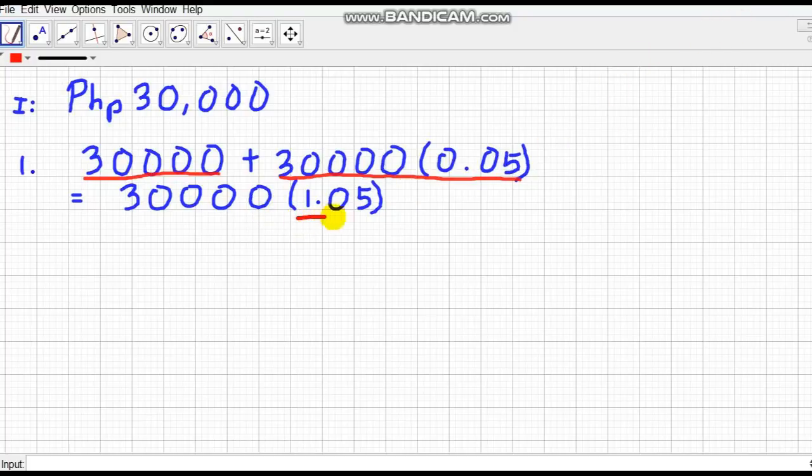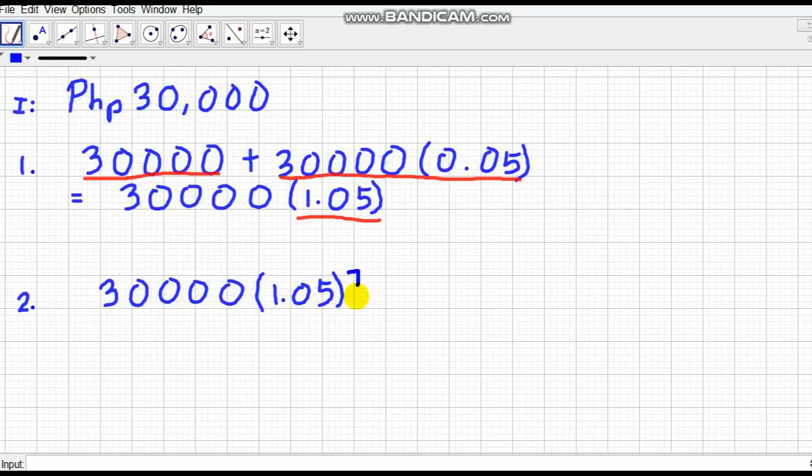This 1.05 here is what we call the growth factor. So whenever 1 year passes, her money grows by 105%. It increases because we always add 5% annually. That's her annual interest. So at her second year, her money is 30,000 times 1.05.